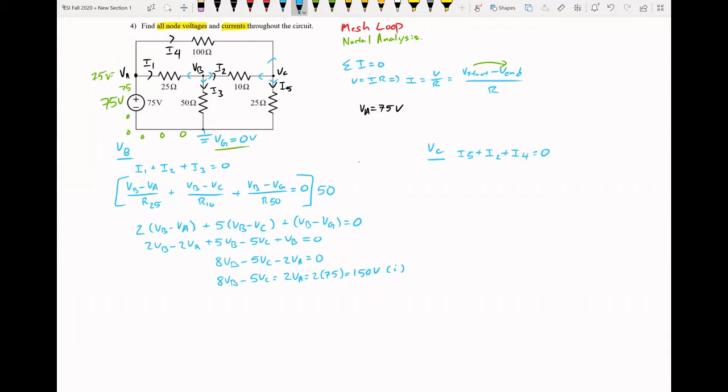And then same as before, we'll just replace it with this. So I5 is going to be V of C minus V of G over R25. We're crossing over the 25 ohm resistor. Plus I2 is going to be V of C minus V of B over our 10 ohm resistor. And then our I4 is going to be V of C minus V of A over our 100 ohm resistor, and that'll be equal to 0.